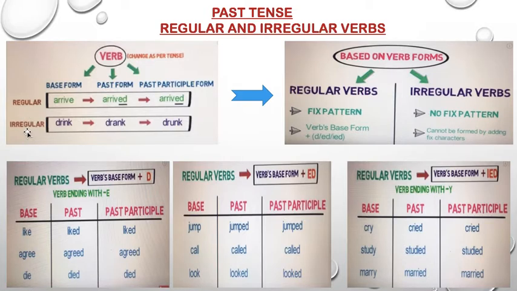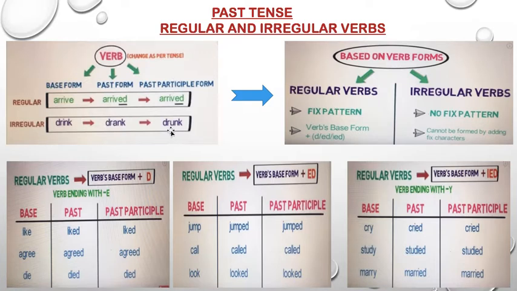Second one, irregular verb. Example, drink. Past form will be drank and past participle will be drunk. So as I said, there is no certain fixed rule for irregular verbs. They will be changing according to the words. So the base form will be different, past form will be different, and past participle will also be a different form.